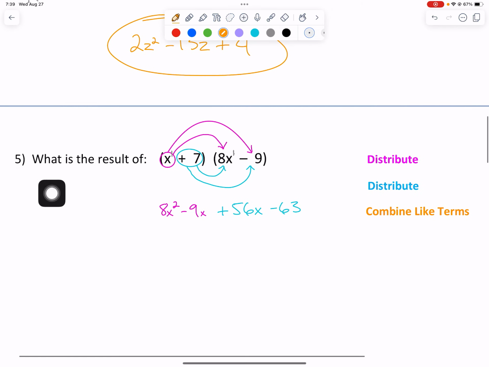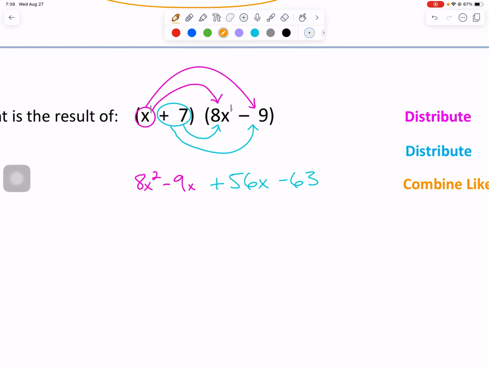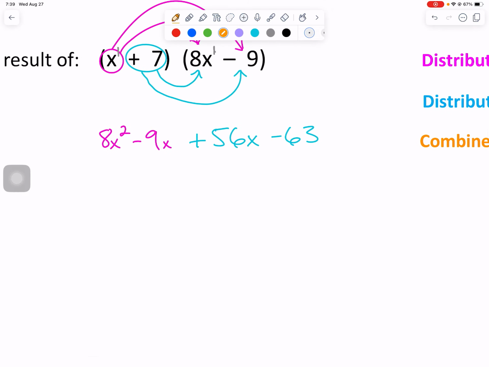And step 3, again, combine like terms in orange, which the colors will always align to the exact step, so you build that comfortability. Yes, thank you. You are welcome. Let's go ahead and start to combine. Well, our 8x squared here, can I combine that with anything? Does anything else have an x squared? No, not there, just an x. No, not there, just another x and just a number or a constant there.